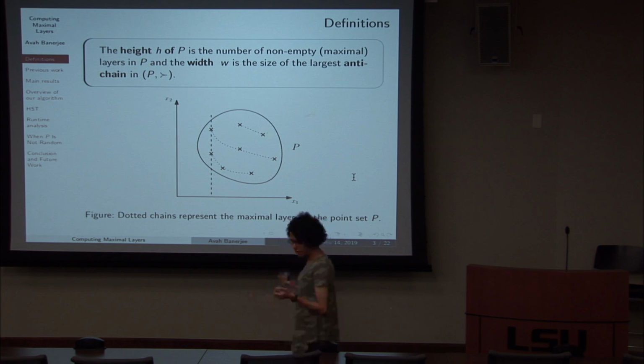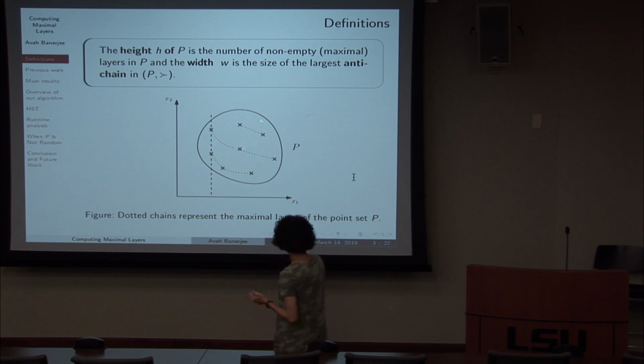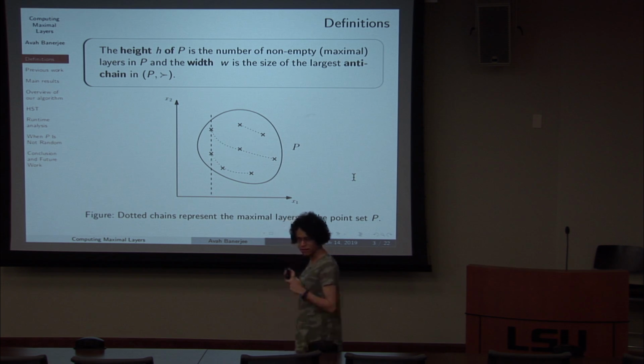By the definition, none of these points dominate each other, so they belong to a maximal layer. And it turns out none of the other points dominates them either, so they belong to the first maximal layer.